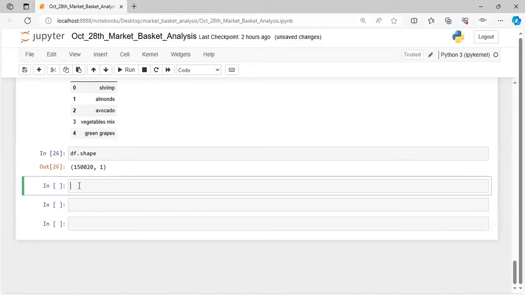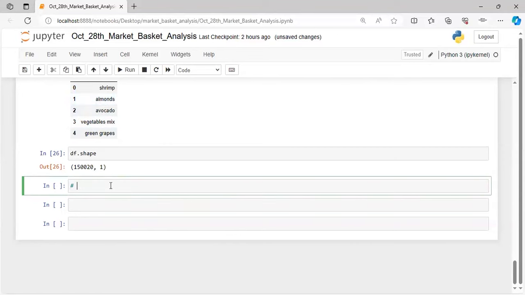Correct. Now just create a new column, an incident count column or count column, and put a value of 1 for all these rows. All these items, vegetable makes 1, grapes 1, avocado 1, almonds 1, all those things.